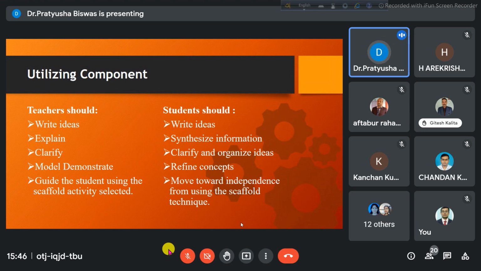The teacher must be able to bring different variants into their approach. Model demonstration, in science, we do this. Model demonstration is a very active way of engaging the child, and this is a utilizing component for scaffold. Guide the students using the scaffold activity selected.